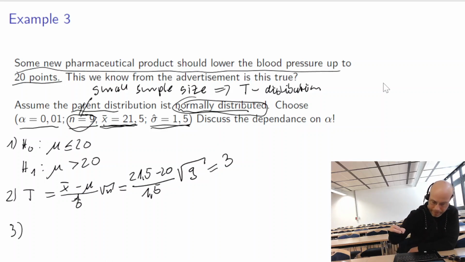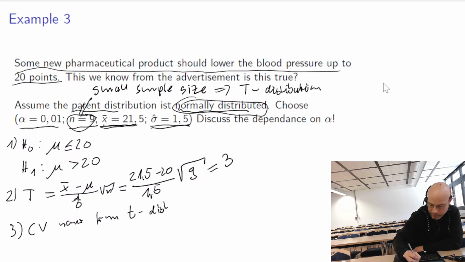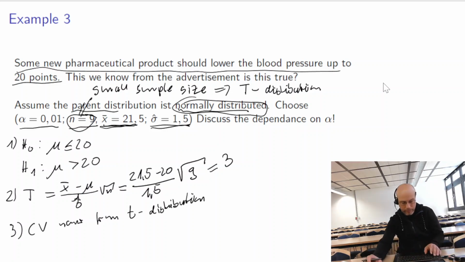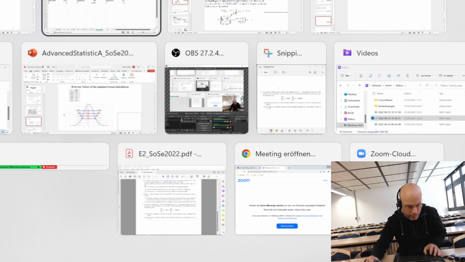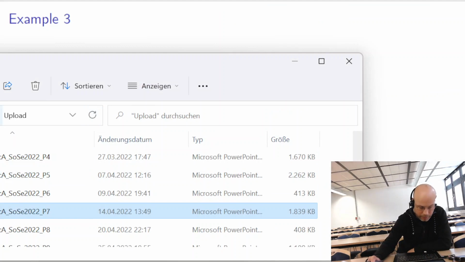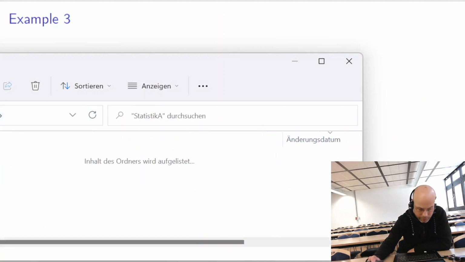Third, we need the critical value, now from the t-distribution. Now I think we just go into the table, t-distribution.